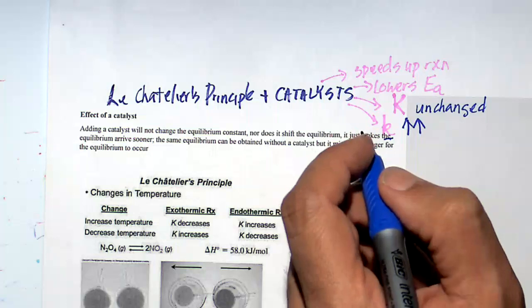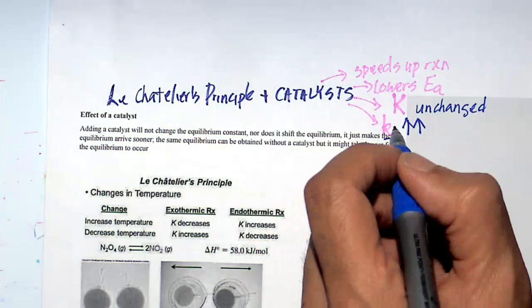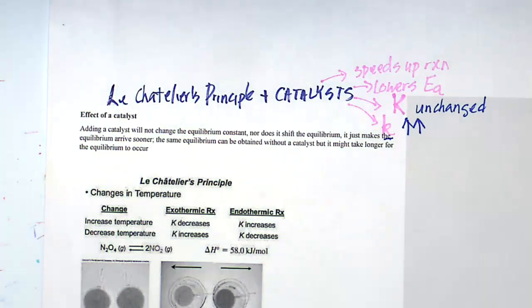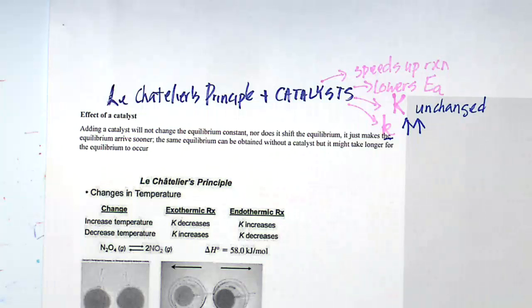Rate constant, miles per hour, except we're talking about reactions. So it'll go faster, even though it's not really miles per hour. Right? So those are the things we should know with regards to Le Chatelier's principle and catalysts.